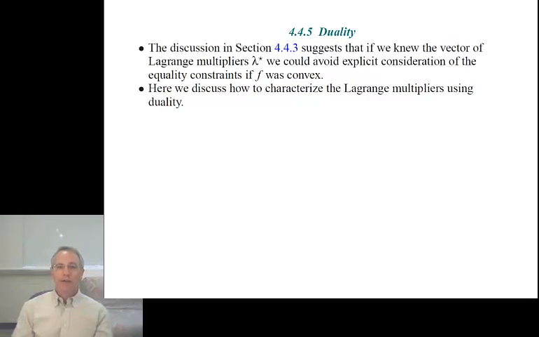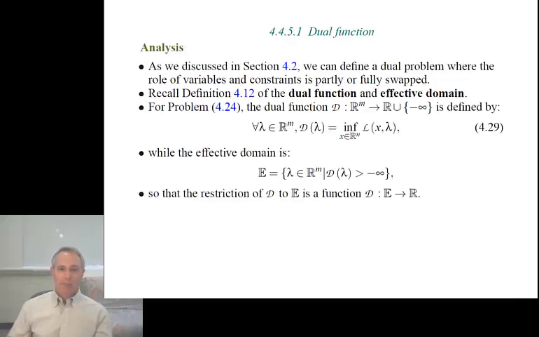So if we know the value of the vector of Lagrange multipliers, we can avoid considering, explicitly at least, the equality constraints. How would we characterize them? How would we figure them out? Well, again, let's revisit the dual function.